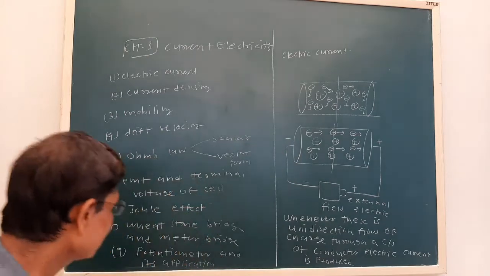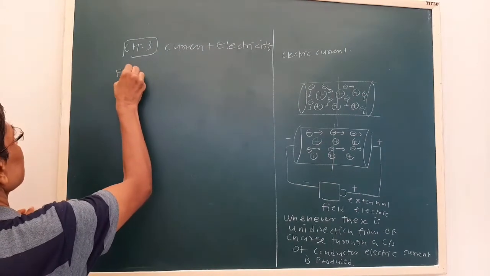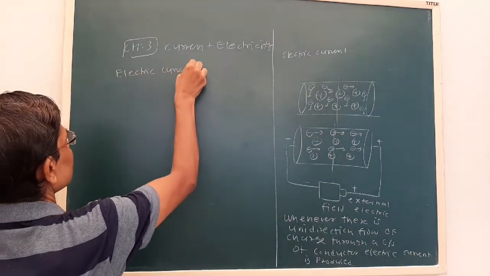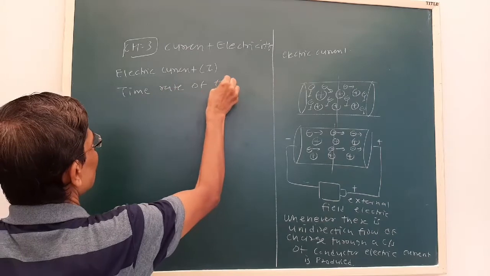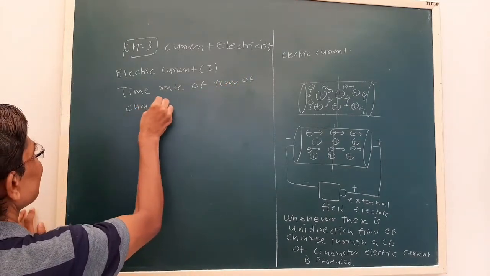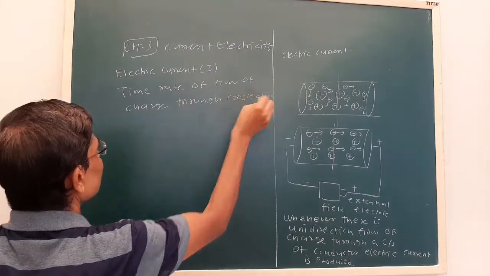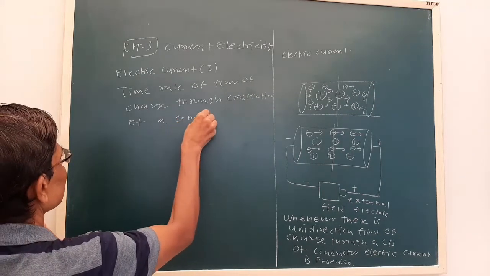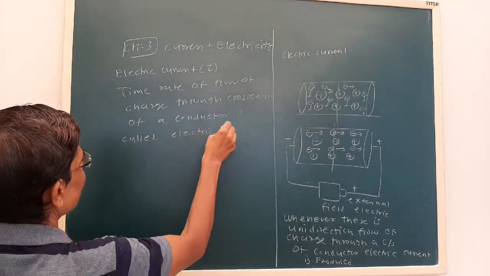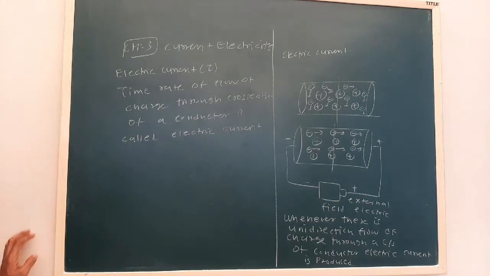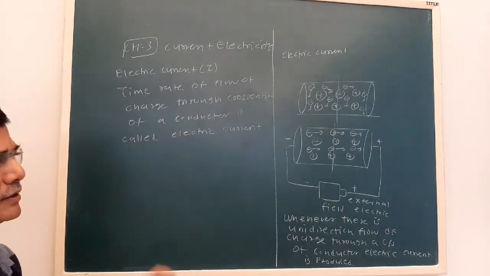Okay, now see, the electric current we define like this. The time rate of flow of charge through the cross section of a conductor is called electric current.